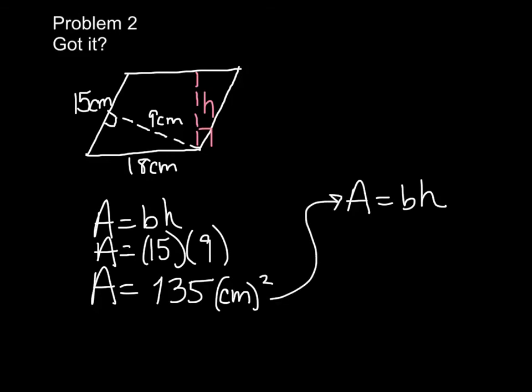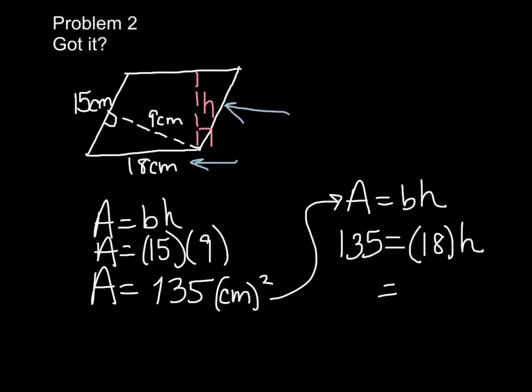And now I know the base, but I need to find the height, knowing that the area is going to be the same. So the area is 135, the base is 18, and we have to find the height. So now we just solve a very simple equation. Divide both sides by 18, and 135 divided by 18 would give us a height of 7.5 centimeters.